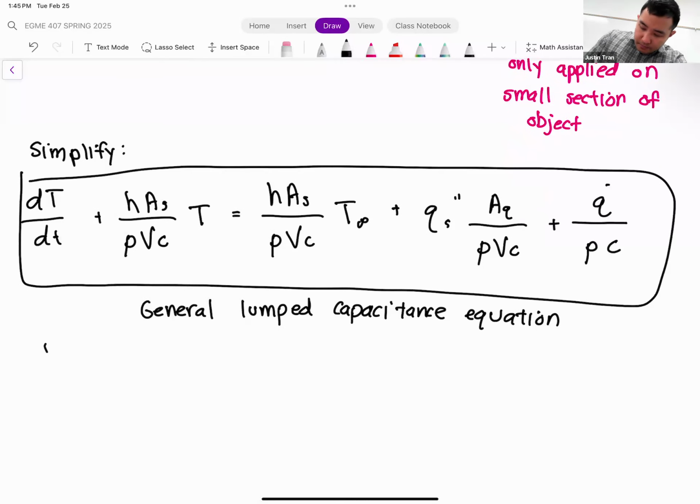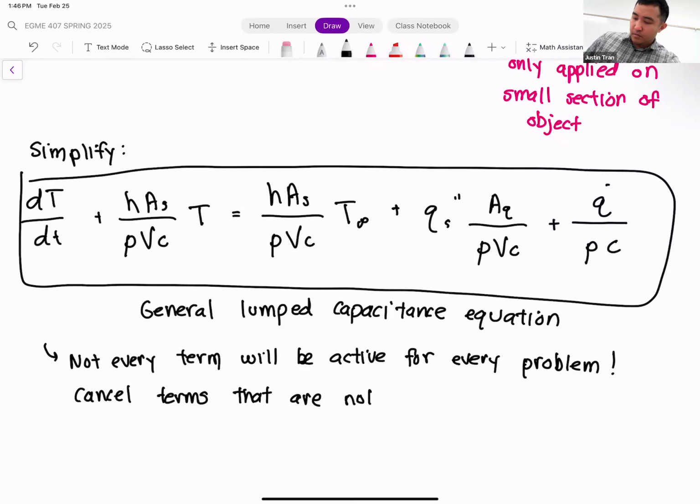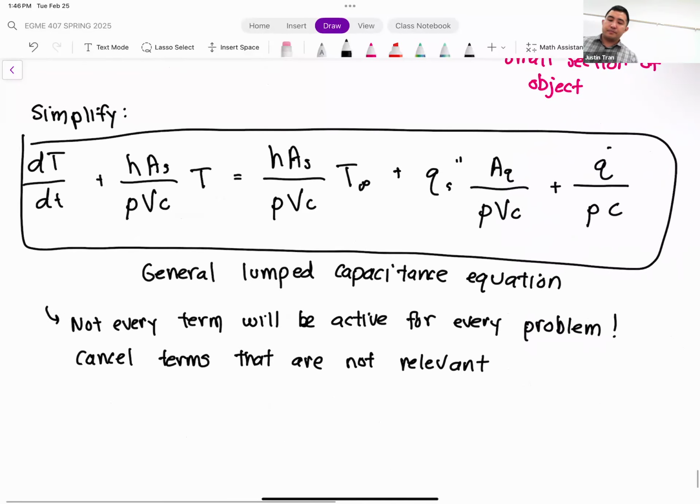Okay. All right. So you'll see an example of that in the next one.